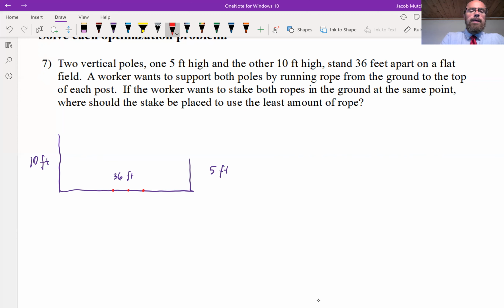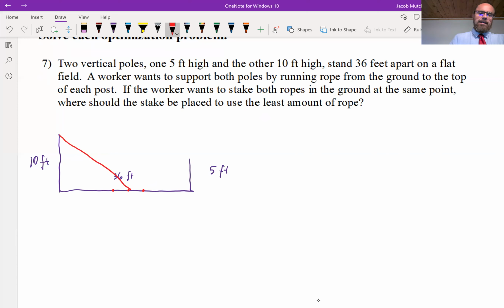So if we were to just pick one, not knowing exactly where it's located, really we're saying we've got these 2 ropes. One is attaching to the 10-foot pole, one to the 5-foot pole, and they together attach somewhere in between. Now, I need to calculate the length of both of these red ones together.